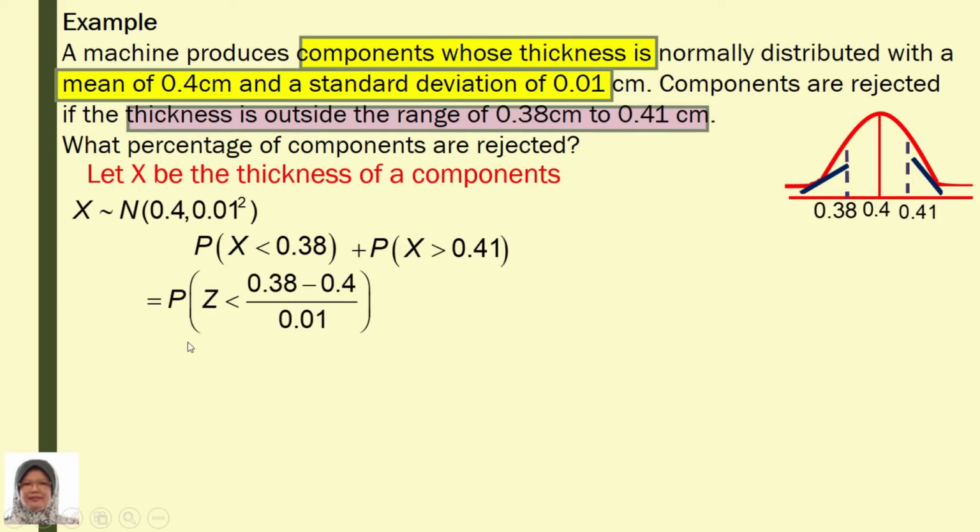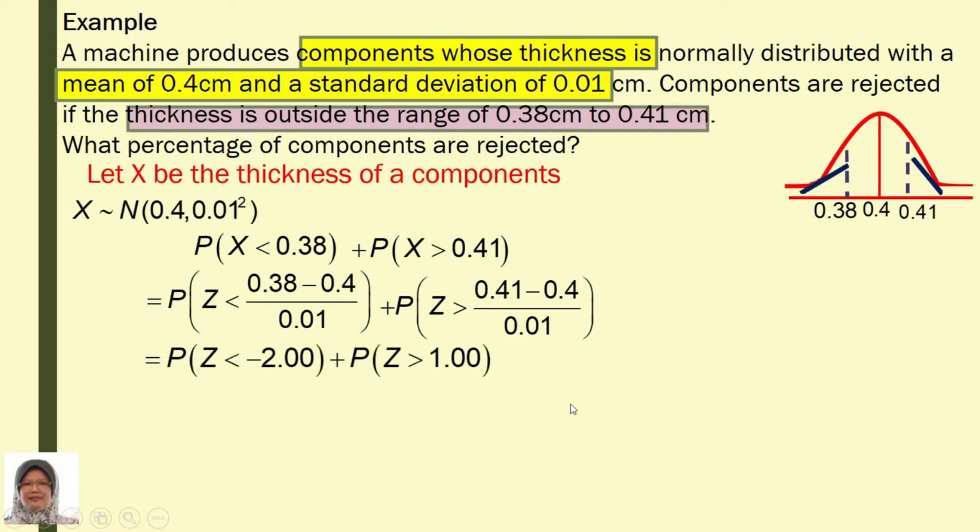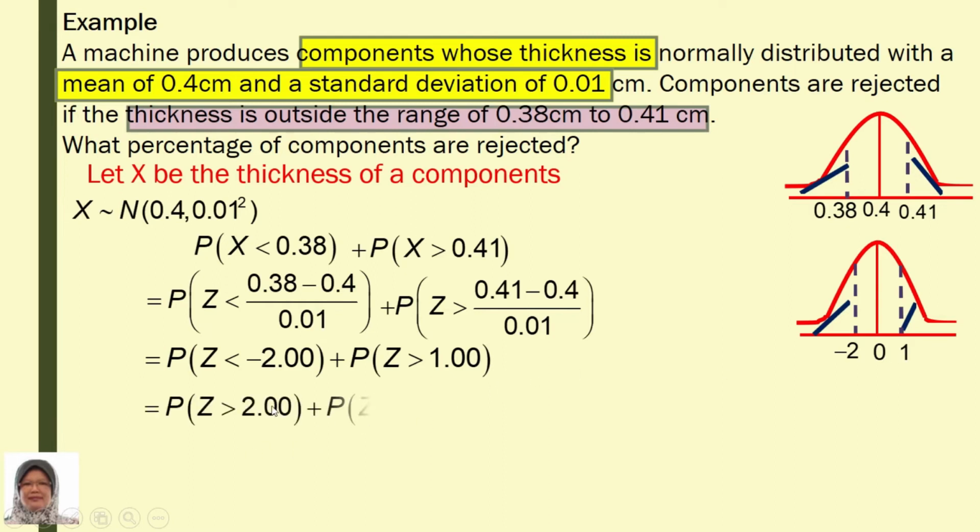We change to P(Z < (0.38 - 0.4)/0.01) + P(Z > (0.41 - 0.4)/0.01). Then we get P(Z < -2) + P(Z > 1). We change to the Z distribution, 0.38 becomes -2, 0.41 becomes 1, and P(Z < -2) becomes P(Z > 2), plus P(Z > 1), and read from the table.